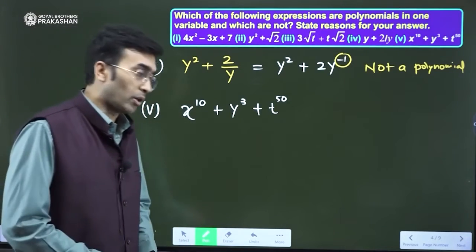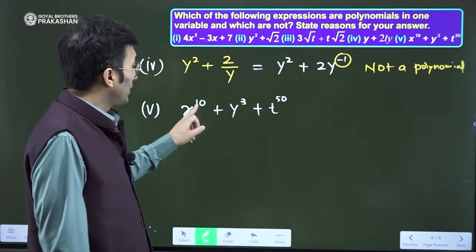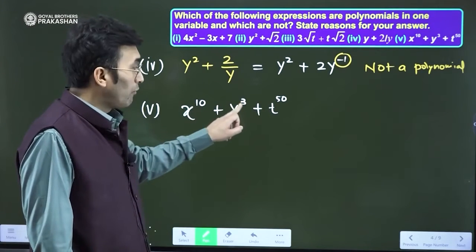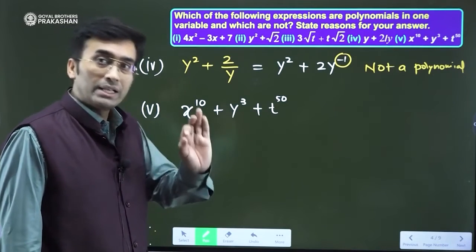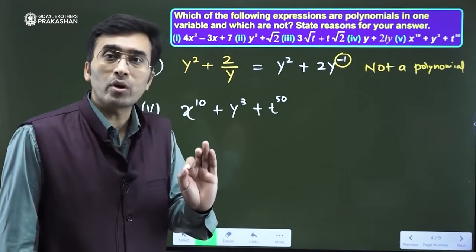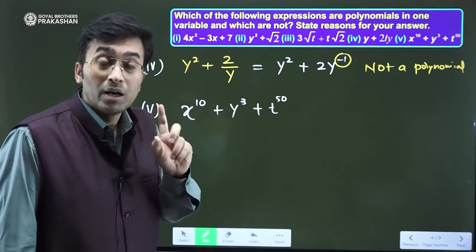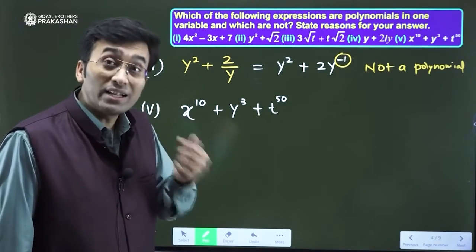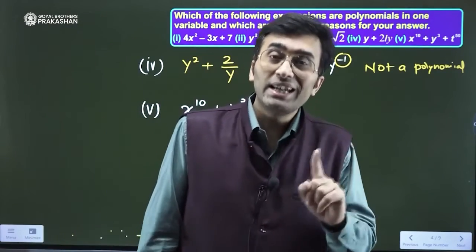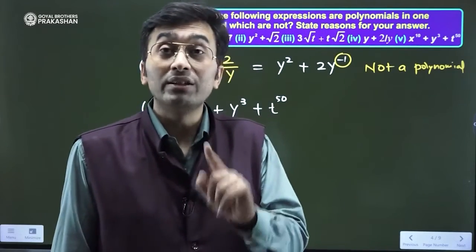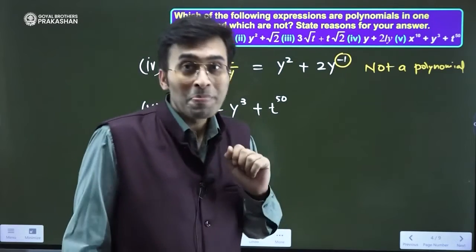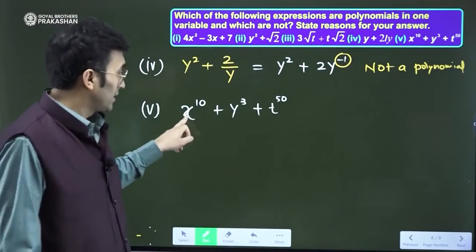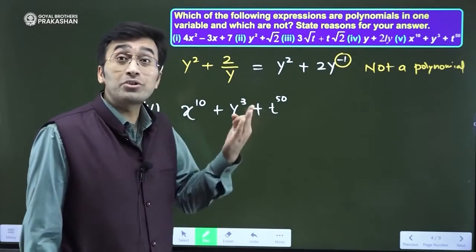Yes, it is a polynomial, because the power of the variable is a whole number. But what they are asking in the question is to find the polynomial having one variable. Now it's a problem. This has x, y and t, three variables.